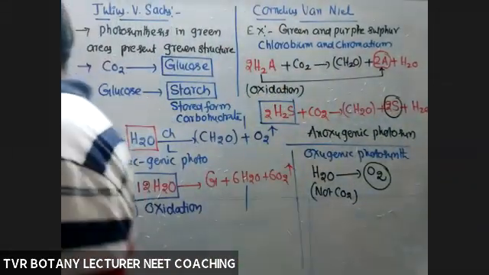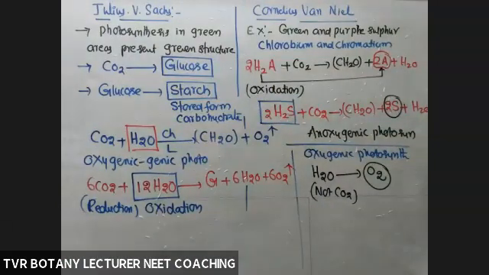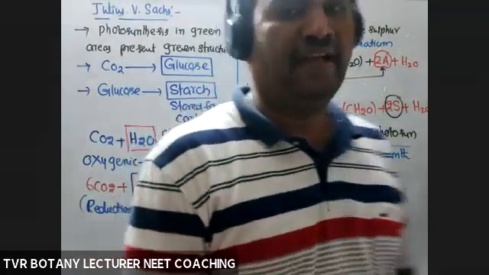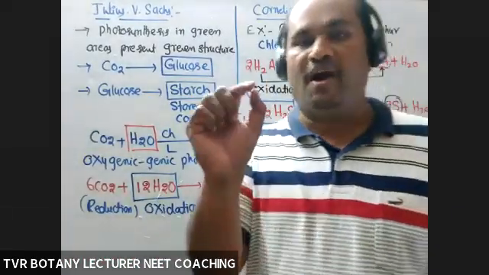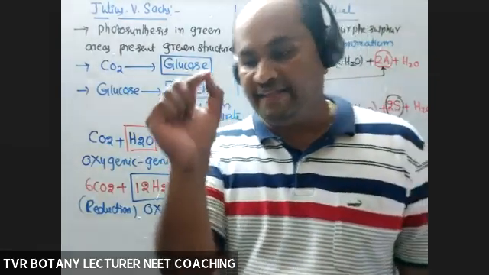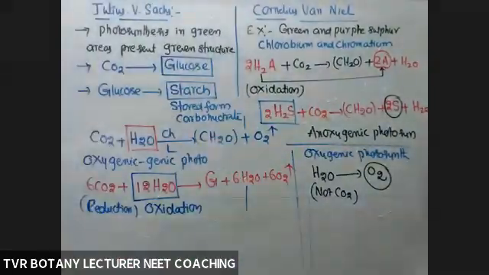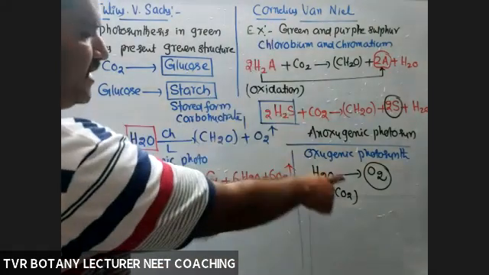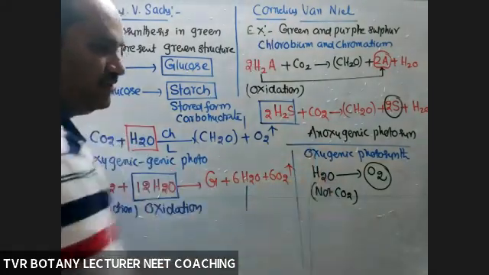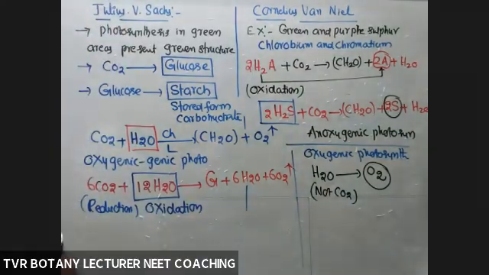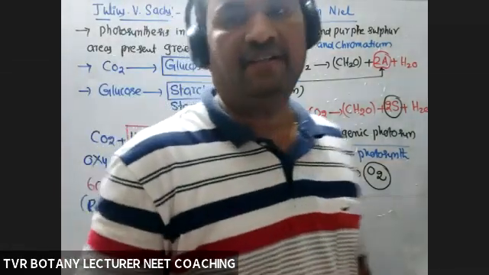So scientists Ruben and Kamen demonstrated that the O2 is coming from H2O only, not from the CO2, with the help of O18 radioactive isotope. Van Niel just proposed that O2 is coming from H2O, not from the CO2. He failed to demonstrate it. Who demonstrated that statement?